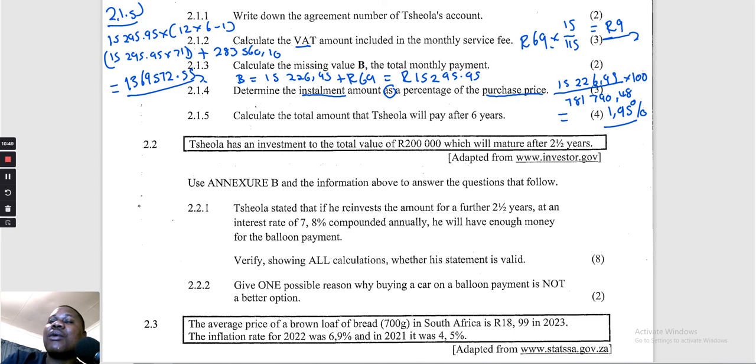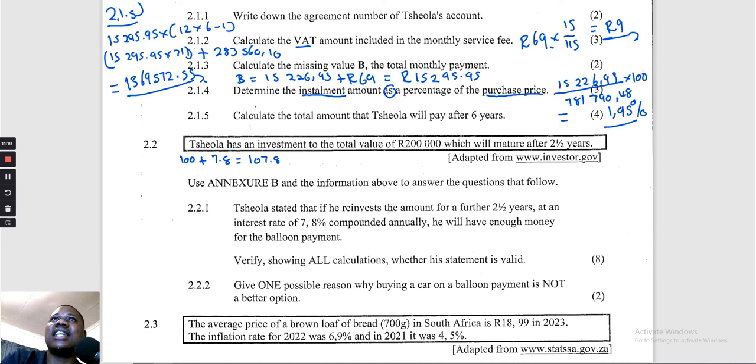Okay, so now let's go and calculate that amount. So this is how I'm doing my compound interest. Okay, so what am I doing? I'm going to start by saying 100 plus the interest, and why am I saying this? This 100 represents the initial amount invested, which is 200,000. So this 200,000, we're going to increase it by 7.8%, which at the end the person will have 107.8%. But I don't like to write it here in percentage. You understand?